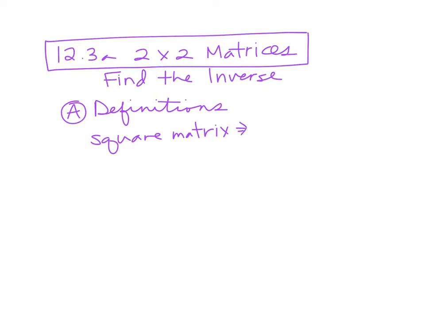Basically, a square matrix means the number of rows equals the number of columns. Okay, number of rows equals the number of columns. So that would be a 2x2, or a 3x3, or a 4x4, so on and so forth. Those are square matrices. So like I said, 2x2s today, 3x3s will be coming.